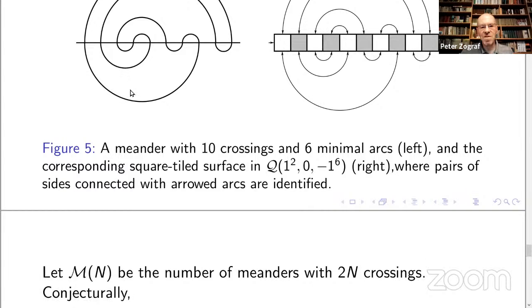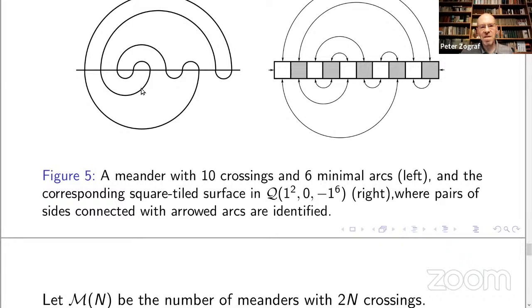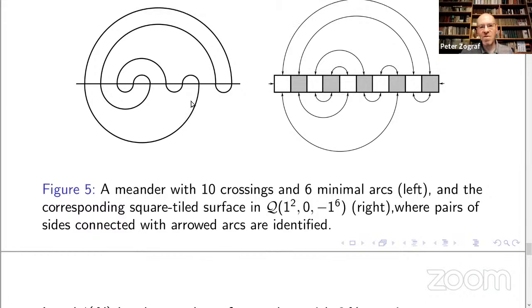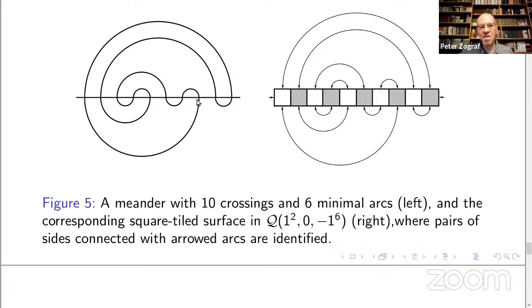And it's not hard to see that meanders correspond to certain square tile surfaces. So on the right, you see a square tile surface that corresponds to the meander on the left.